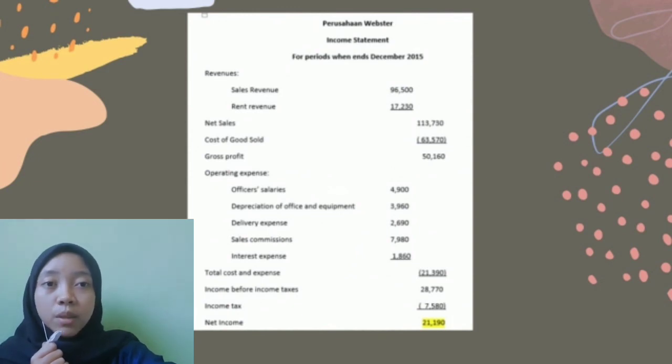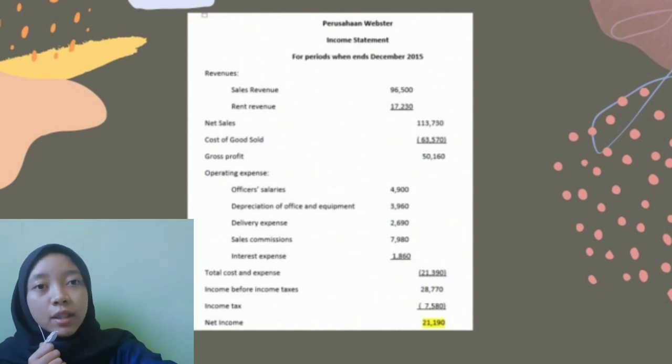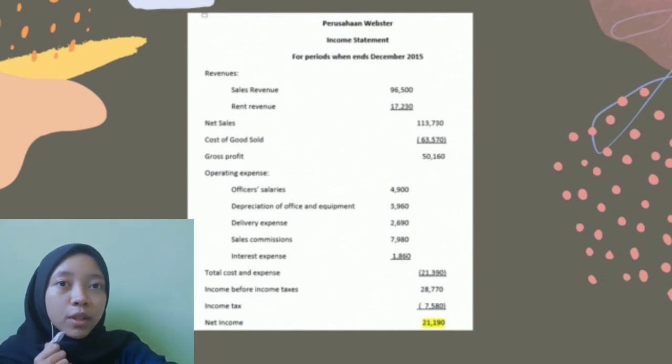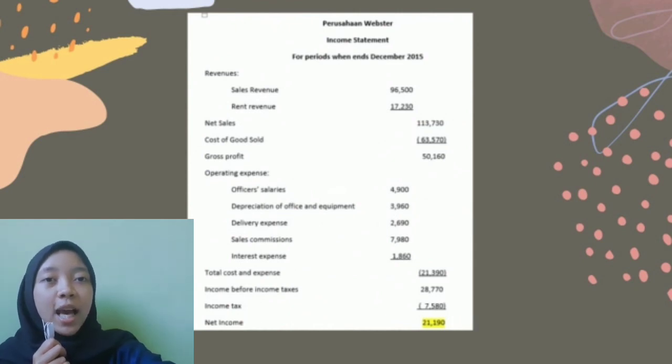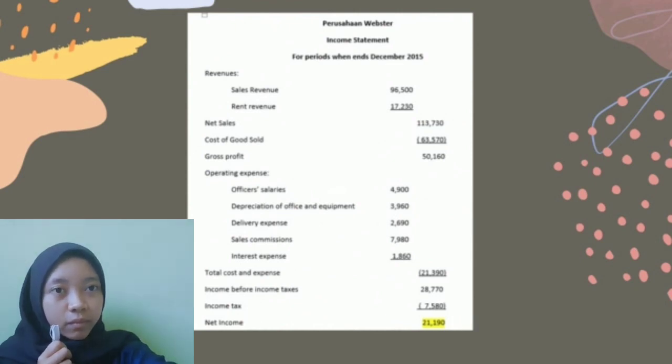Income tax from the question is 7,580. So income before income tax minus income tax is net income, and the net income is 21,190.